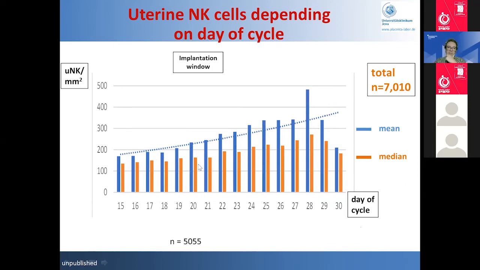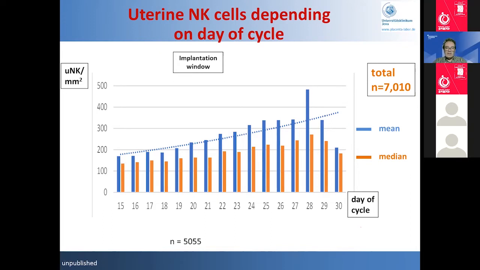And you see, we were really surprised when we saw these results. I told you about the broad variance of results. But anyway, there was a very clear increase of the mean of NK cells day by day during the menstrual cycle, the ovulation starting from day 14.